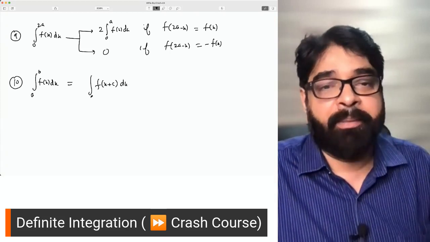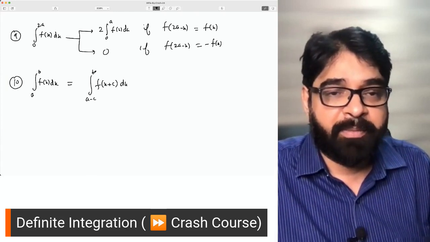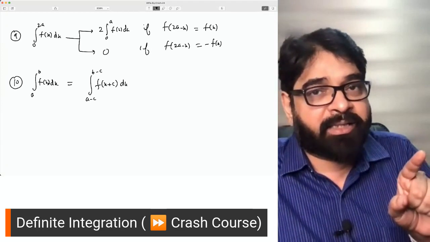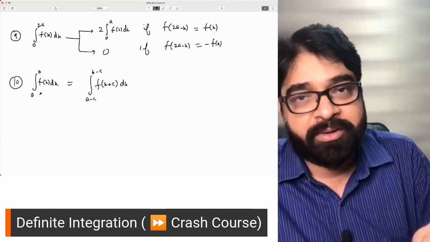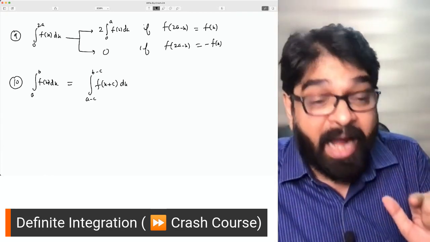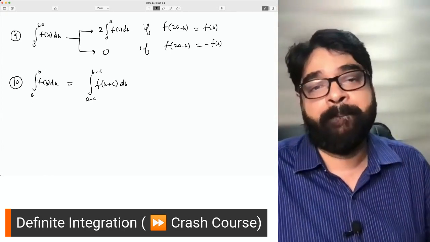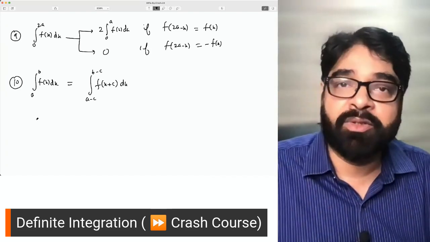So in the limit, this c will be subtracted: a minus c to b minus c. Whenever any constant is added in the x, in the limit that constant is subtracted. Anything subtracted in the x, in the limit that constant will be added. Do you understand my point? Everybody understood?